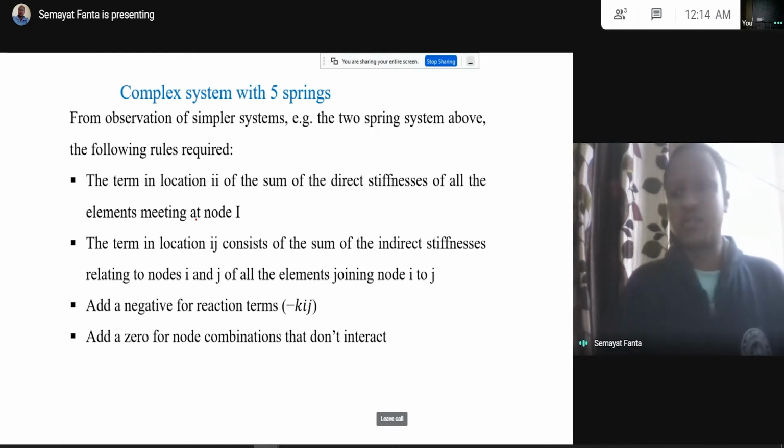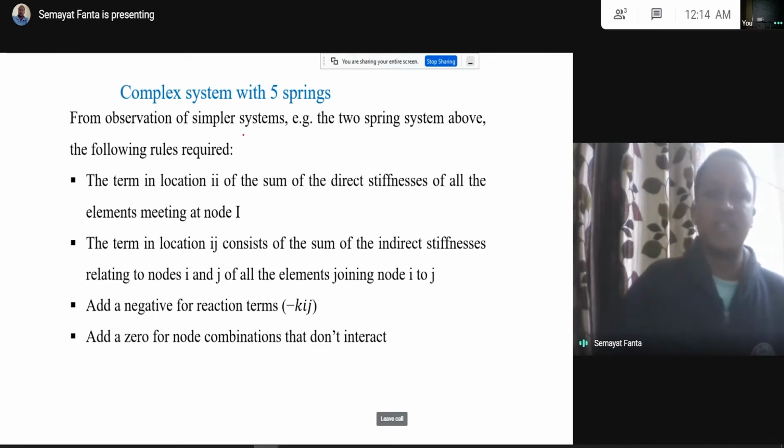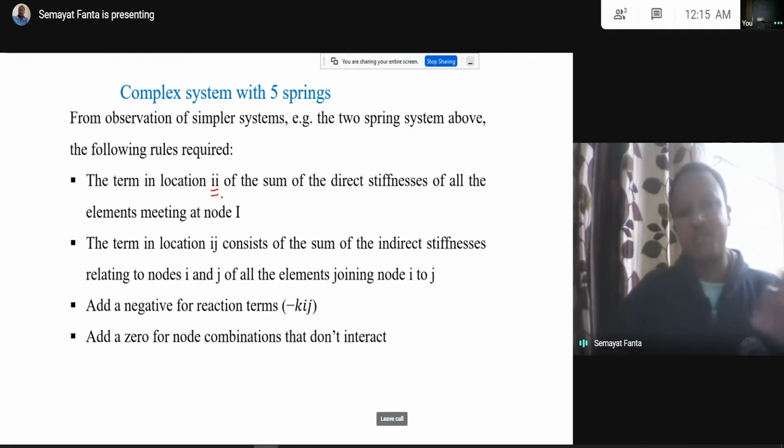Before going to solve this 5 degree of freedom or 5 spring system, from observation of a simpler system, as we have seen in the case of 2 springs above, the following rules are required. The term in location ii, that means in the same node, in the same position, in the same point, is the sum of the direct stiffness of all the elements meeting at node i.